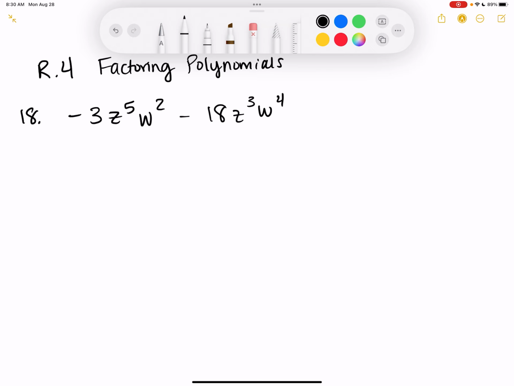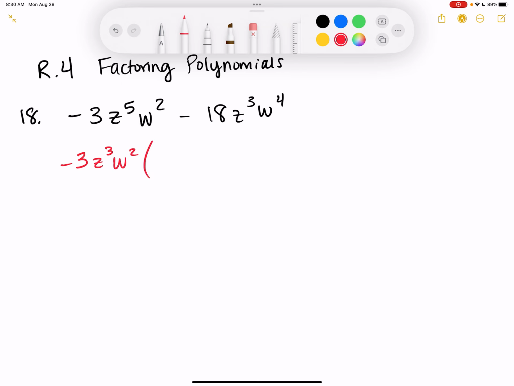So I want to take out the biggest thing that I can from each piece. So any idea what that would be for this one? Yes, negative 3z cubed w squared.